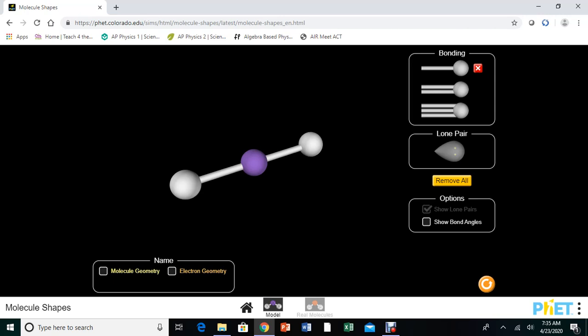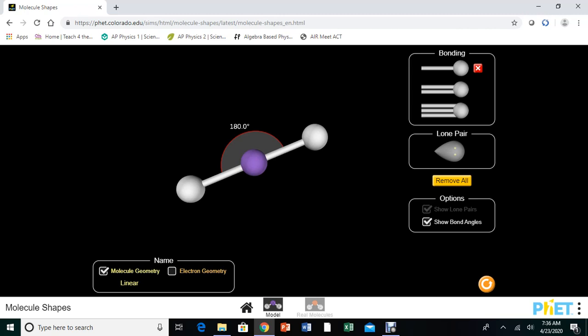So we have a molecule here that has two bonded atoms. And if we show the bond angles, you would see that the bond angle is 180 degrees. And if we were to show the molecular geometry, it would be linear.